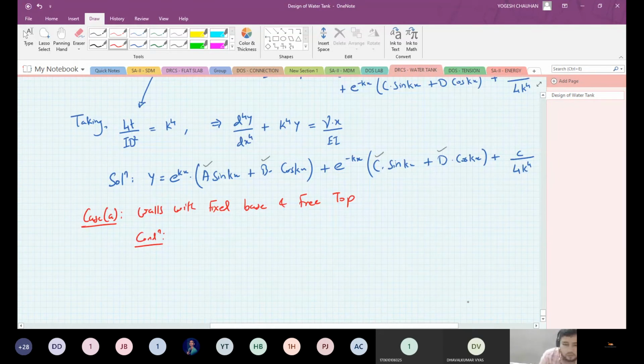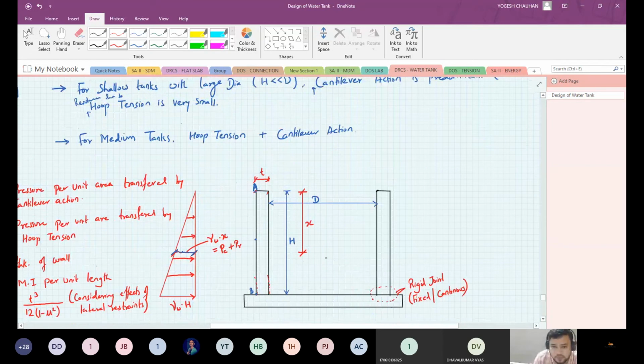the first expression is at x equal to h. X equals h means when x is equal to h, that means at the base. Okay, this is base and this is top.